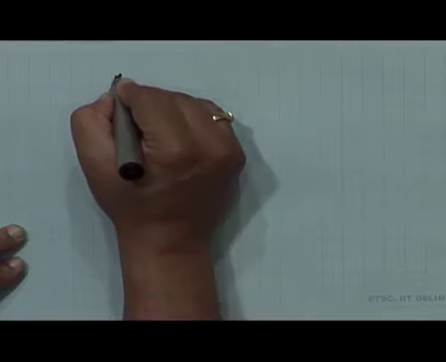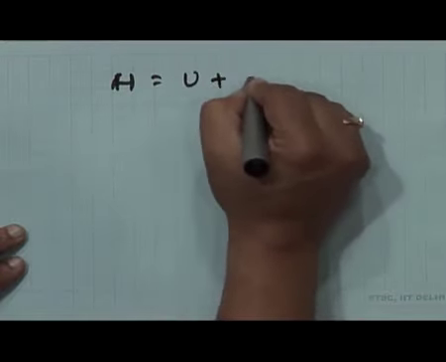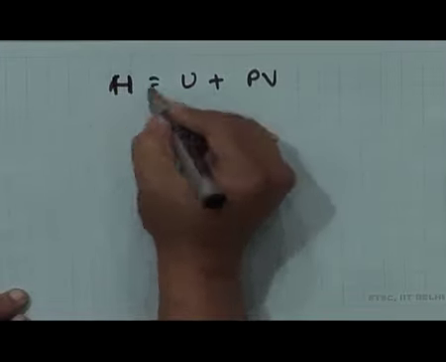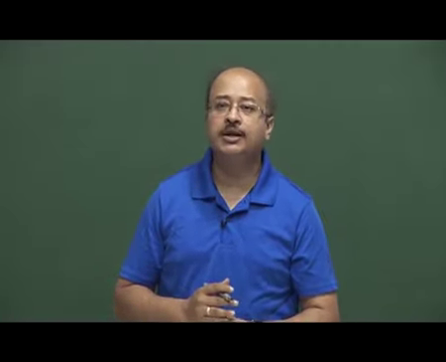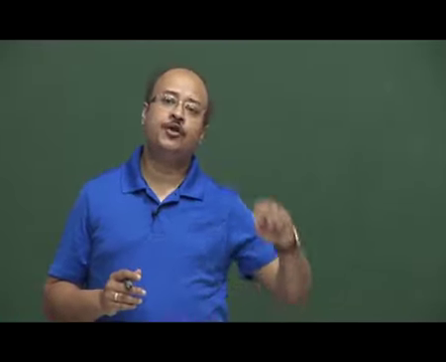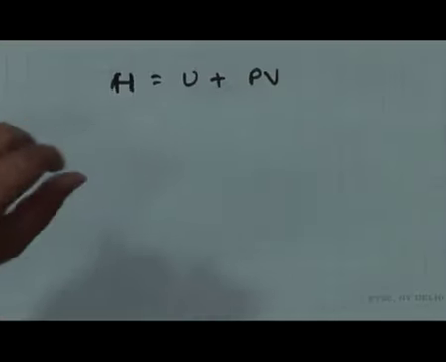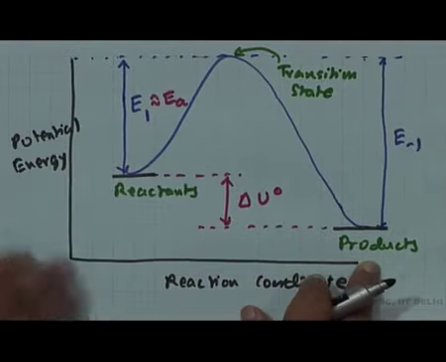So, I am saying your enthalpy H is equal to U plus PV, right. In the sheet before I had written E, but E is also used for symbolizing internal energy, and I was using E for my activation energy, so you might get confused. So, I came back and used U because this was what I also used for depicting this difference between the reactants and the products, the potential energy difference, right.